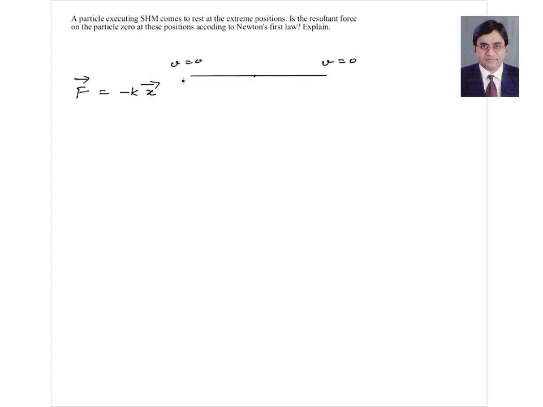So V equal to 0, then in your mind, if this thought comes, it is equilibrium, then this thought can also come after that, that F is 0. So the answer is that F is not 0, F is maximum because of this and is acting in opposite direction at extreme positions.